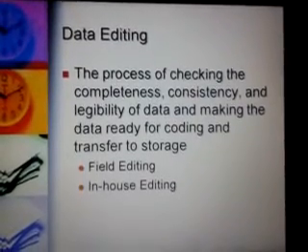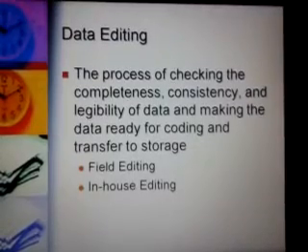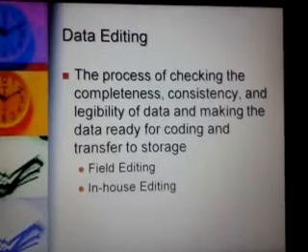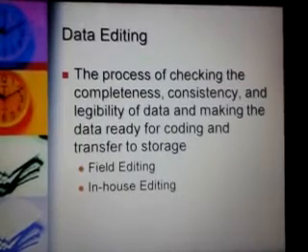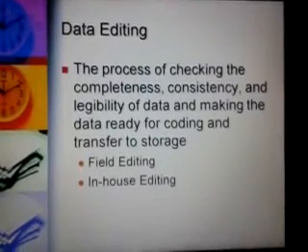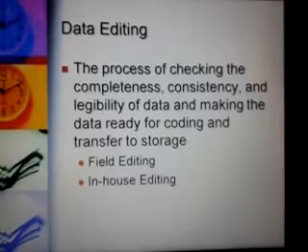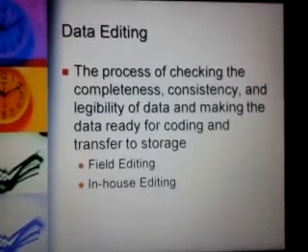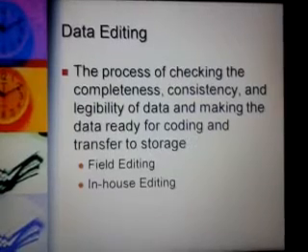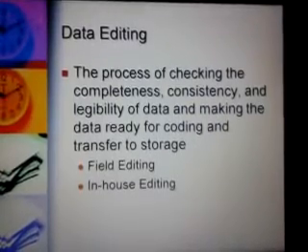So when we complete the data editing, only after that we can go ahead with data coding and transfer of data to the storage, meaning data entry. This process includes the checking of completeness, consistency and legibility of data.